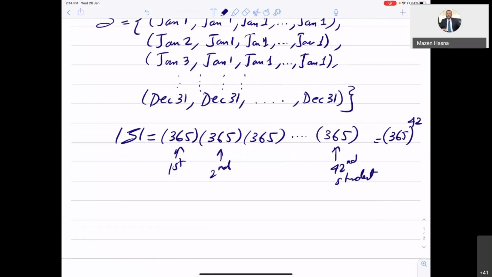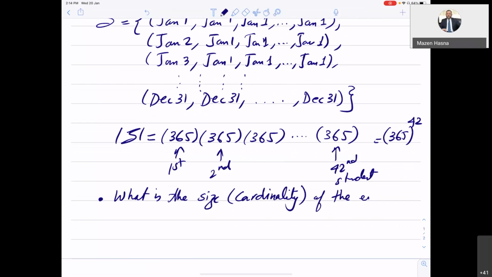Right. Next, I will ask this question. What is the size, or cardinality, of the event that all birthdays are different?